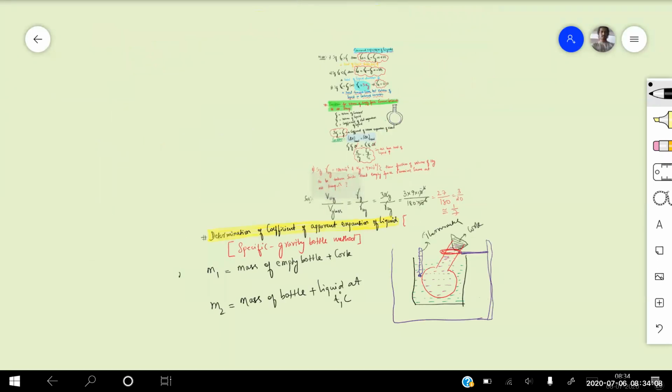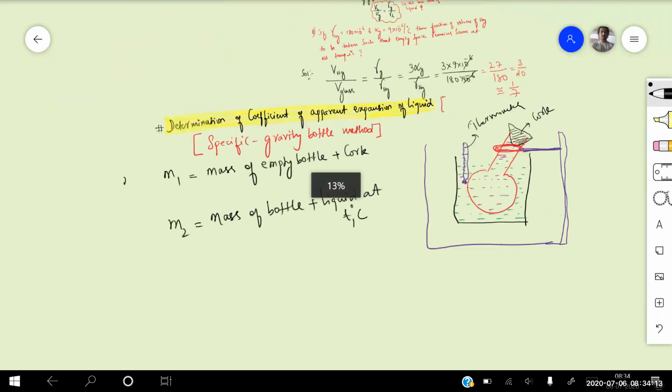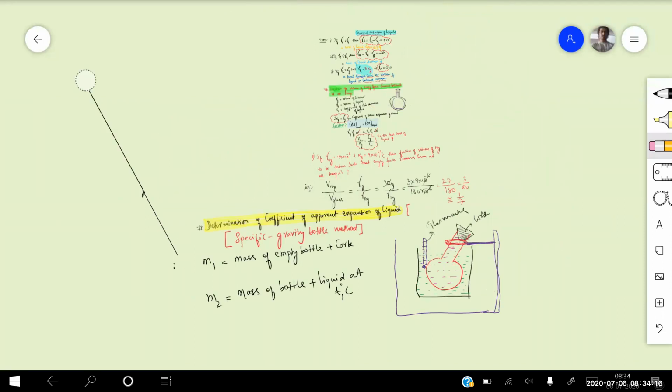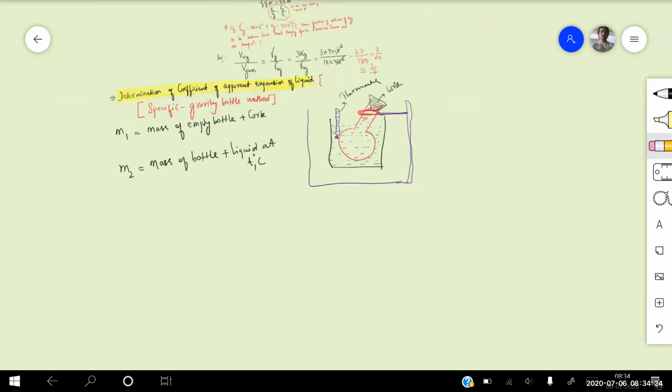If I take M2 minus M1, that will be equal to the mass of the liquid at T1 degrees centigrade.